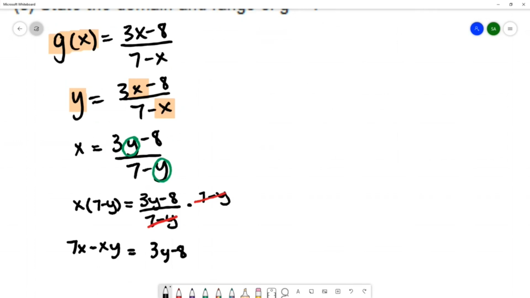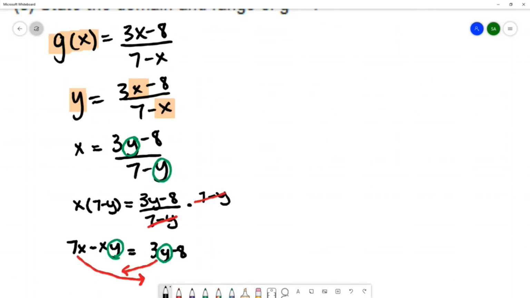Now I've gotten rid of the y in the denominator, and I need to fix the other issue of having multiple y's. I want to collect all the y's on one side of the equation, and every term that doesn't have y on the other side. So I'm going to move this term over here so that all the y's are on the same side, and this term over here.